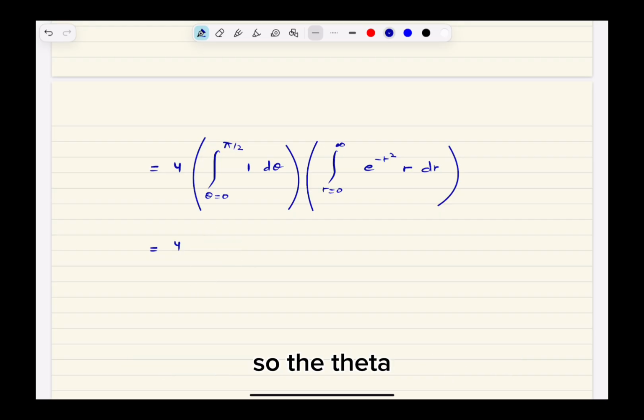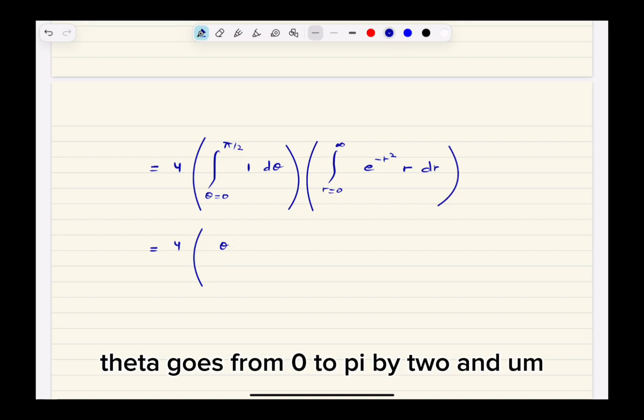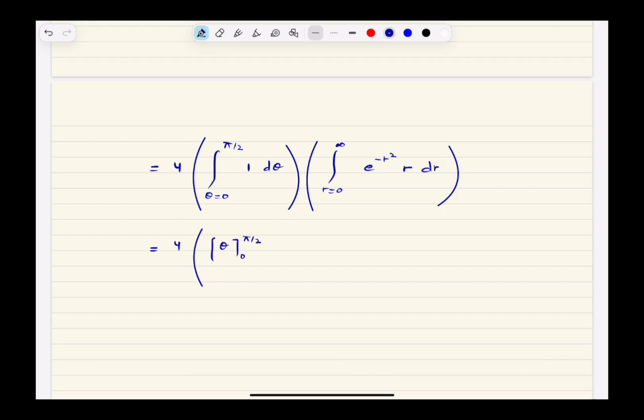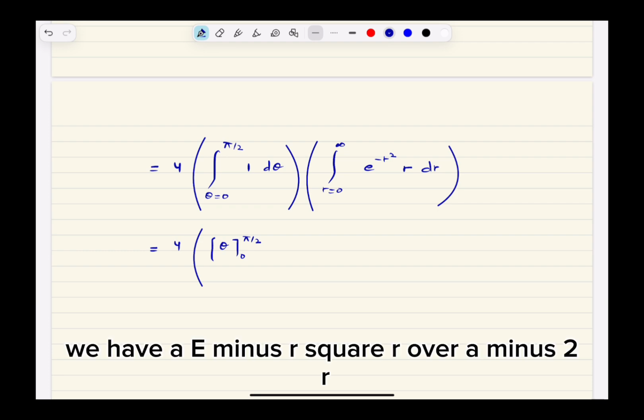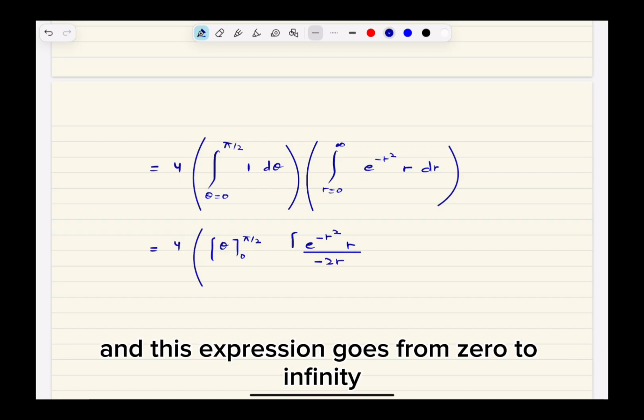Okay, so for theta, let me just put a bracket. Theta goes from 0 to pi by 2, and we have e to the minus r square over minus 2r times r, and this expression goes from 0 to infinity.